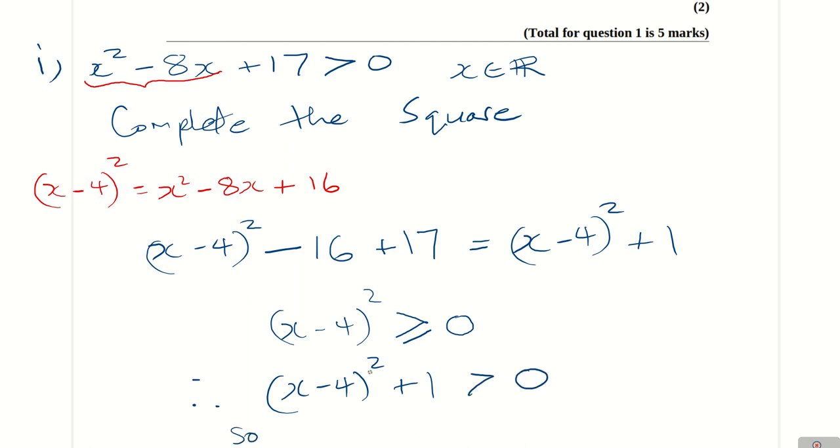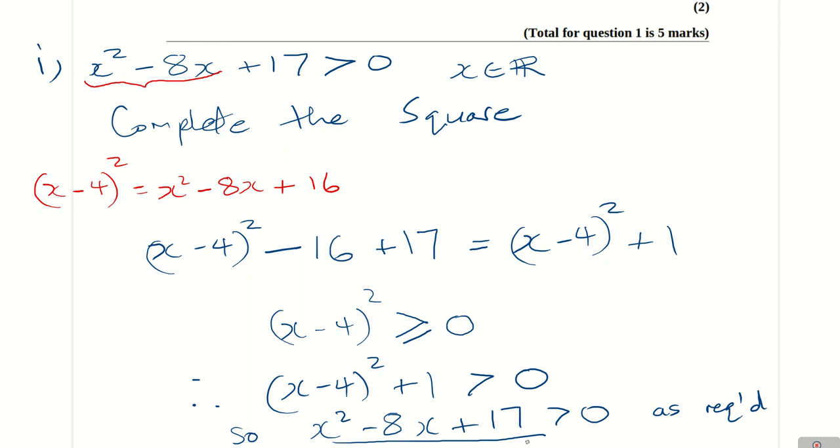But we know that x minus 4 squared plus 1 is actually the same as the expression they give us. So we've proved it greater than 0 as required. Done.